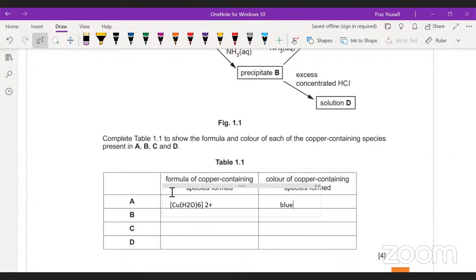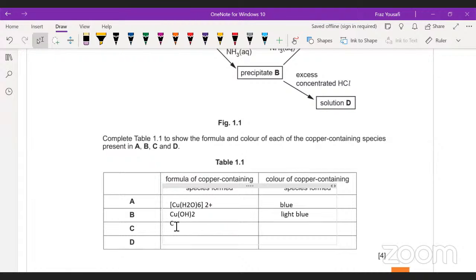The color would definitely be blue. All right, moving on to the next one. B, where we've added just a little bit of ammonia. This is generally the considered precipitate for that, copper 2 hydroxide. Again, this time the color of the copper containing substance is light blue.